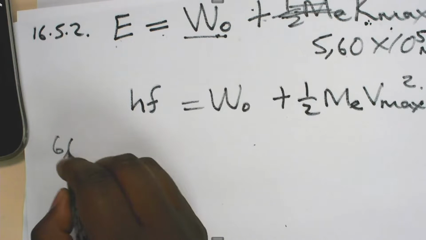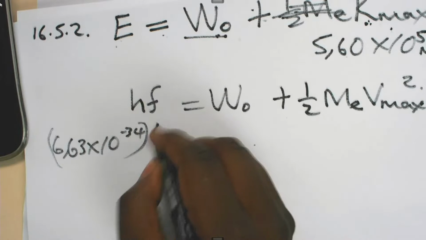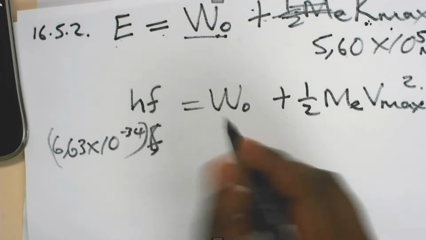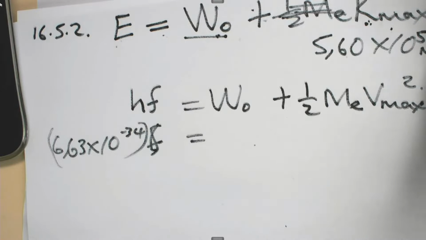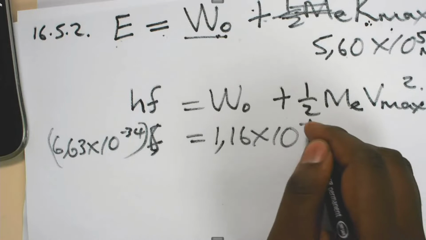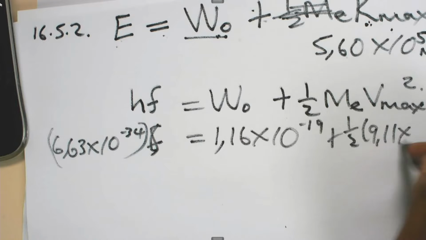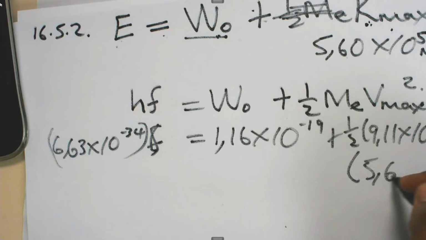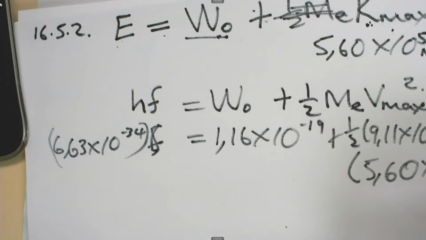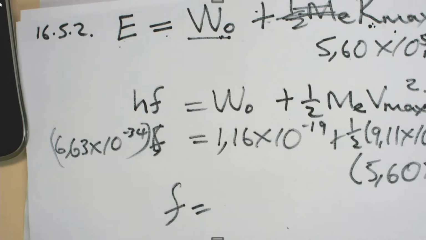So we have 6,63 times 10 to the power minus 34 times the frequency, which is what we are looking for, equals the work function 1,16 times 10 to the power minus 19 plus half into 9,11 times 10 to the power minus 31, multiplied by 5,60 times 10 to the power 5 squared. Please do not forget the squared. And then we do our calculation to find the frequency of the light.